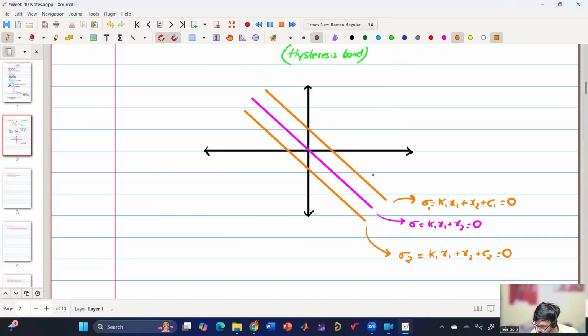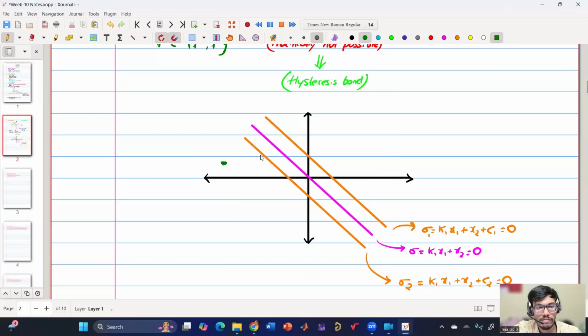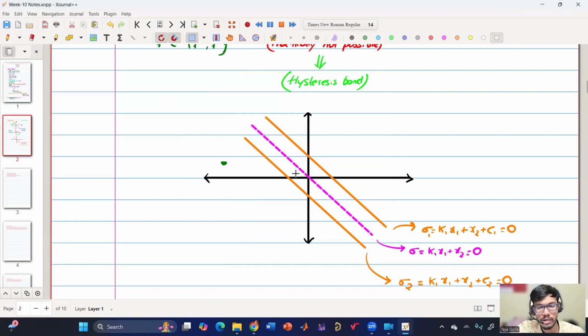Now say my initial condition is here. Previously it hit sigma and then turned on and off quickly. Now we have two surfaces. The inside sigma is not there actually; instead of this sigma, we have two such surfaces with some hysteresis.